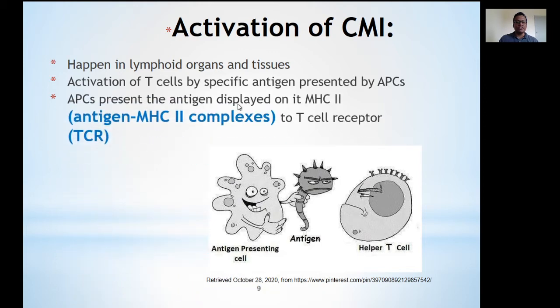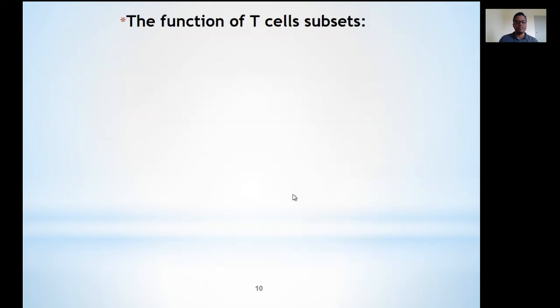APCs present the antigen displayed on its MHC class 2, in the form of antigen MHC class 2 complex, to the T cell receptor. So the TCR on the T cell is like a barcode scanner that will scan the antigen and recognize them.